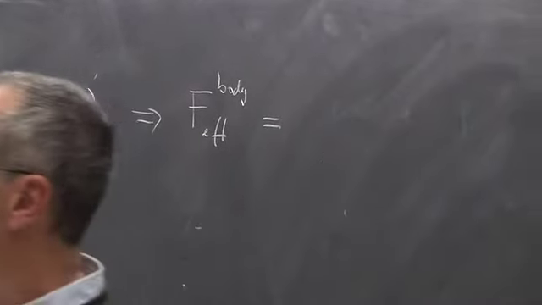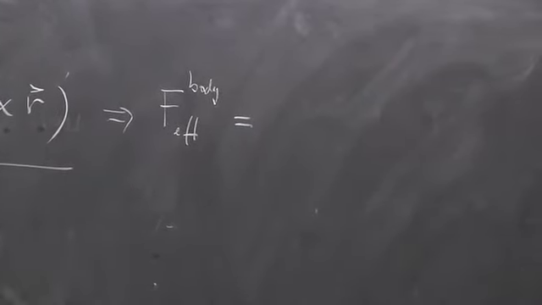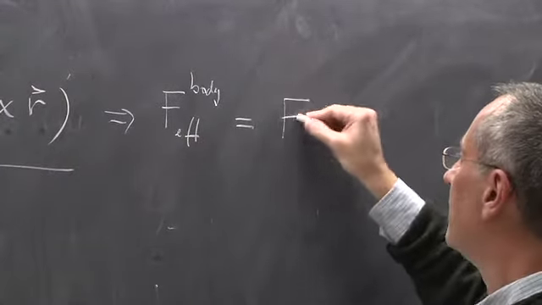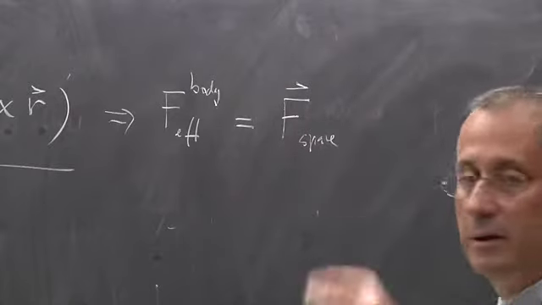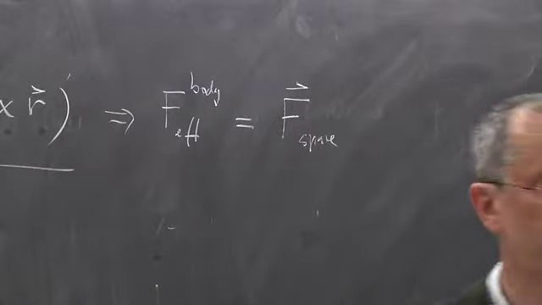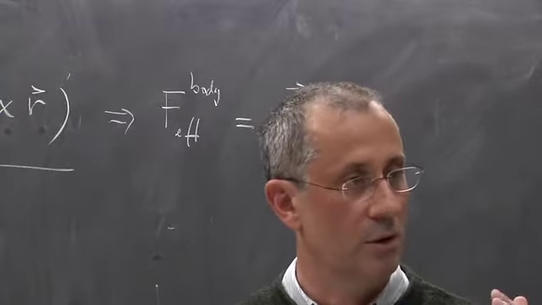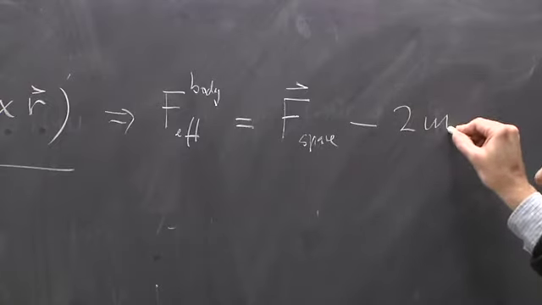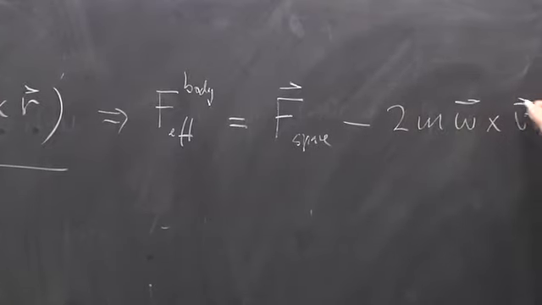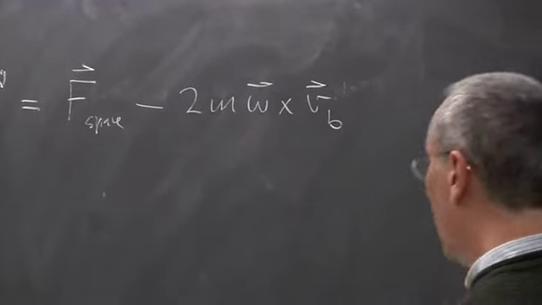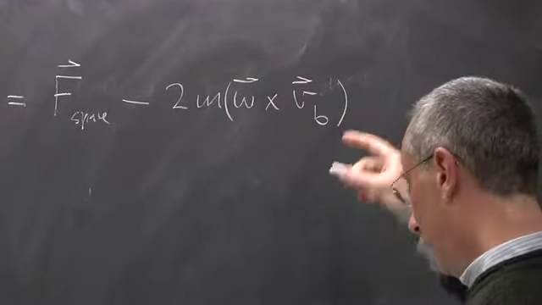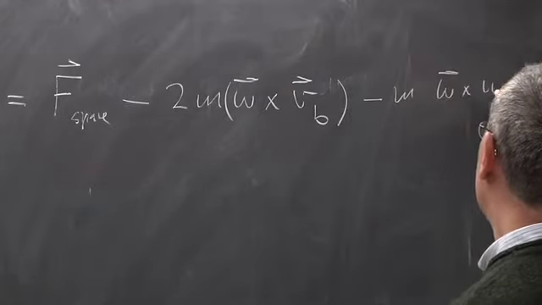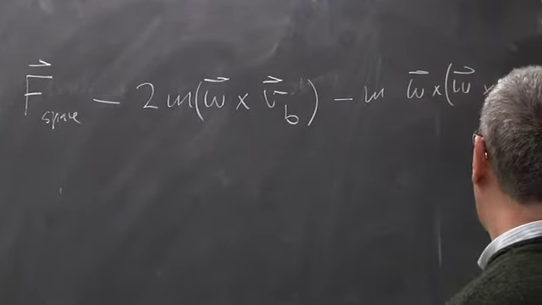So in a way, I'm taking this one here, right? So I take the terms on the other side. So it is the force that you measure in space. That is the force that you measure if you didn't have any rotation, right? Minus these two terms. So minus 2m omega cross the velocity on the body, the velocity as measured in the body, minus m, this other term that is omega cross r.